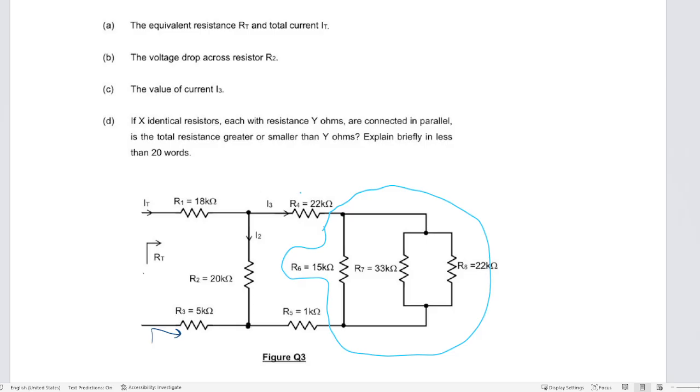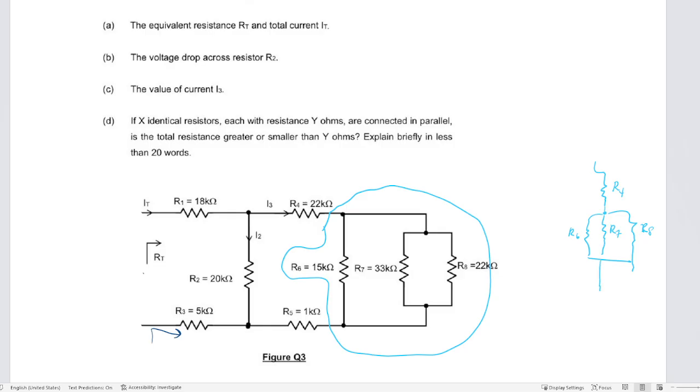In this I3 branch, let's follow it first. In I3, you have R4 split into three branches: R6, R7, R8.